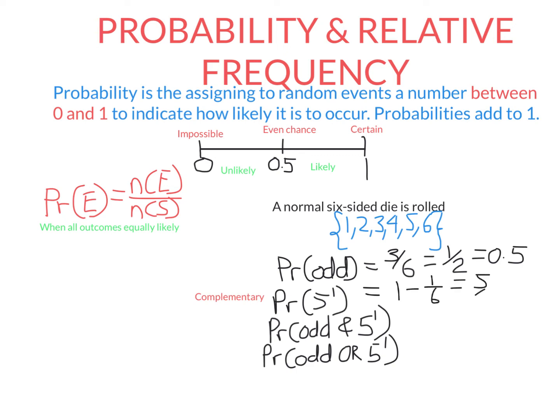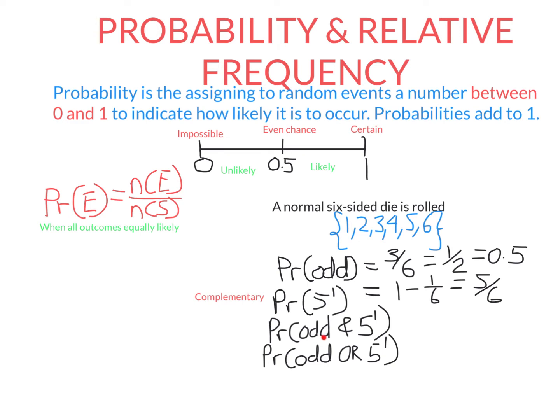That makes sense because there are 1, 2, 3, 4, 5 ways you can roll a number that's not 5, and there are 6 outcomes in total. So these events are called complementary events. An event and the opposite of that event are complementary. Rolling a 5 and not rolling a 5 are complementary events.